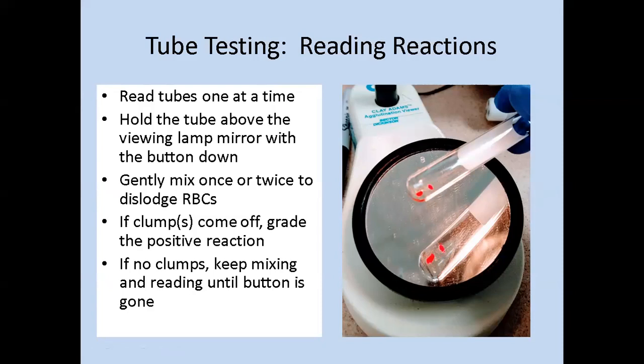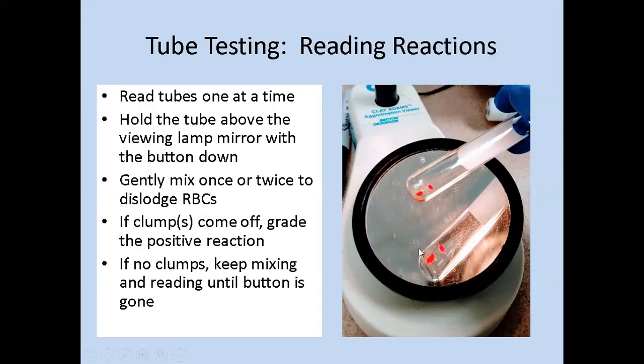Oftentimes in lab, students will take the tube and they'll shake it like 10 or 12 times before they even read it, and I say that's really bad practice, because if you're shaking it a whole bunch, you could shake away positive reactions. Okay, so you just want to shake it once or twice and look. If nothing's coming off, shake it once or twice again and look until the button is completely off the bottom of the tube.